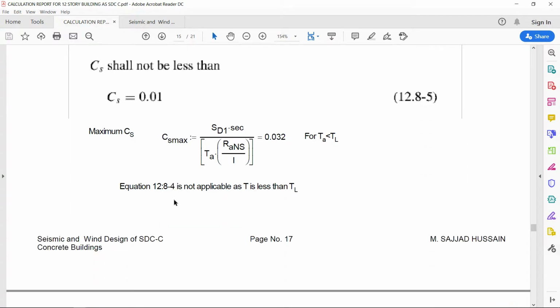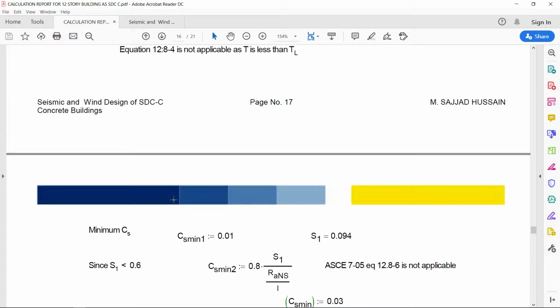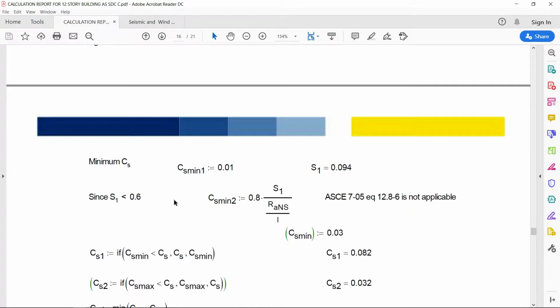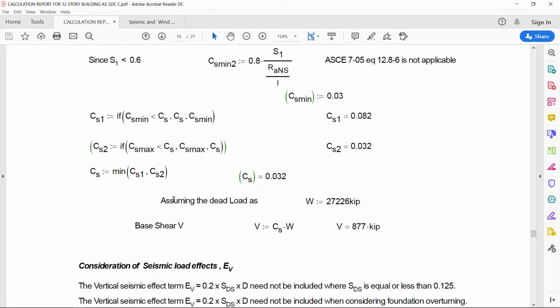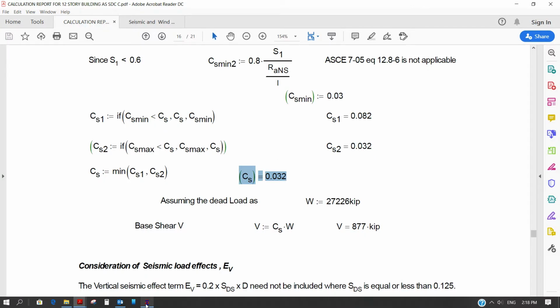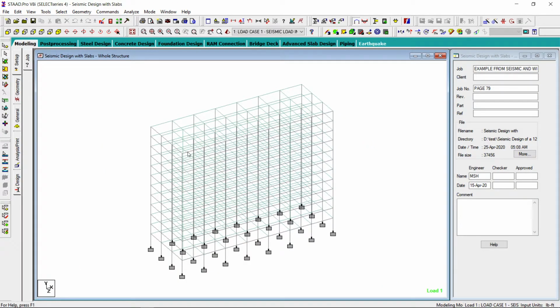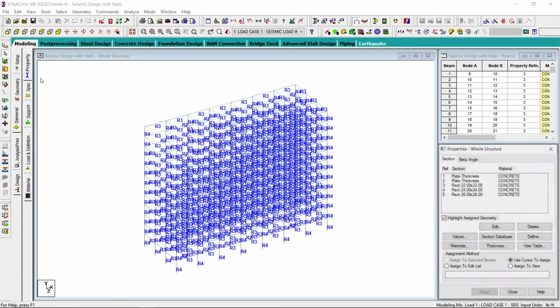Based on that, the value of CS is calculated, and for north-south direction the value of CS is 0.032. Of course for east-west direction it can be calculated, but then I stopped myself at this stage and reverted back to the model. And in this model, what changes did I make? First, the properties.